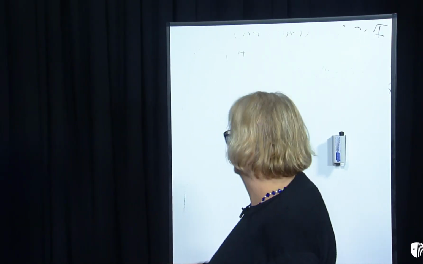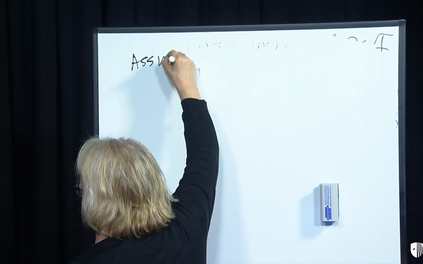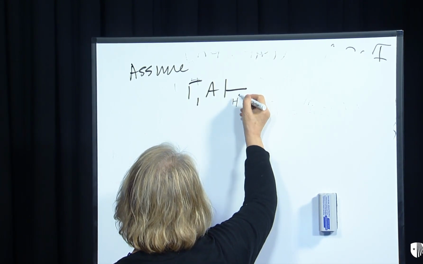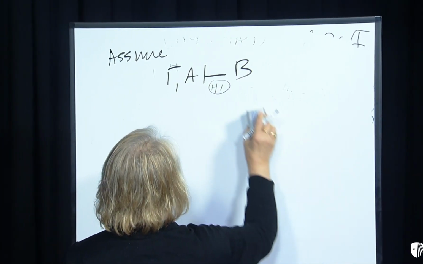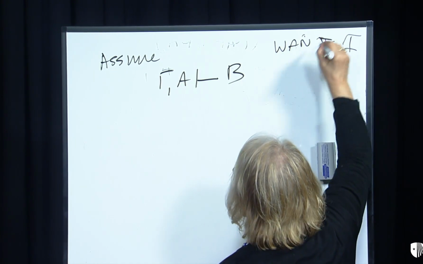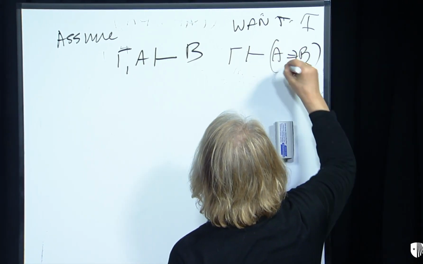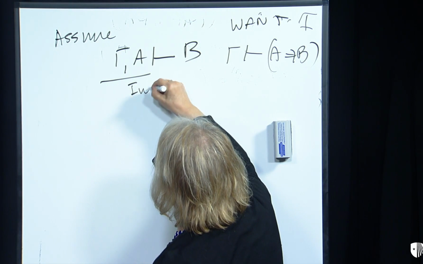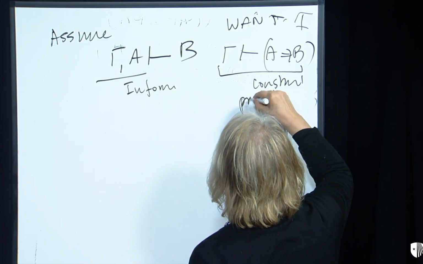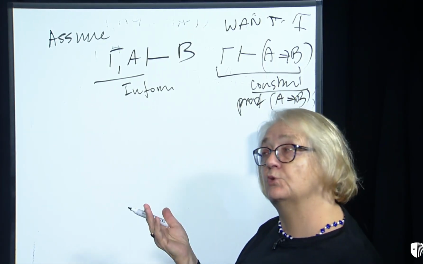Our assumption is that gamma A proves B, I skip H1 because I have fixed the system, so I don't need to write it, and I want to prove that gamma proves A implies B. I will show that this is my information, and then I will construct a proof of A implies B. Because it's constructed, it means I will give you a method how to get that proof.